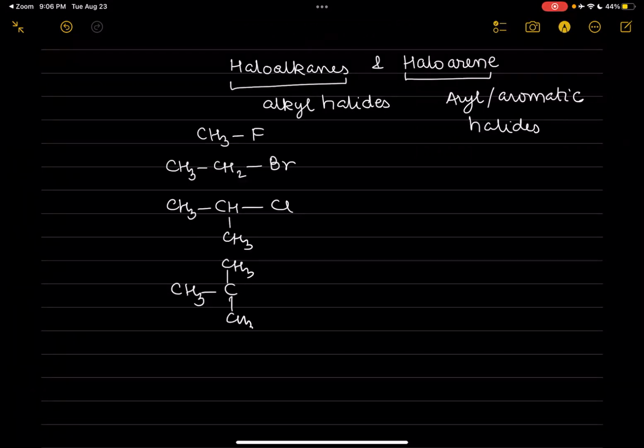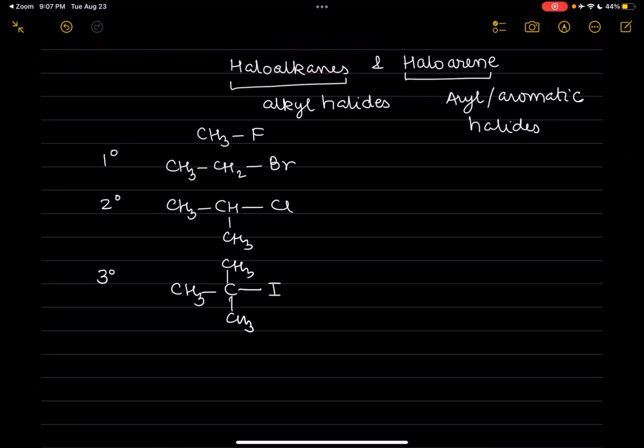These are normal alkyl groups attached to a halide. The halide can be fluoride, chloride, bromide, or iodide, right? Yes, sir. Okay. And this is primary, this is secondary, and this is tertiary. Is it clear? Yes.